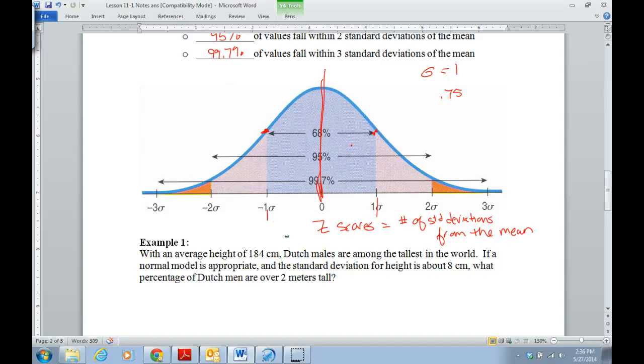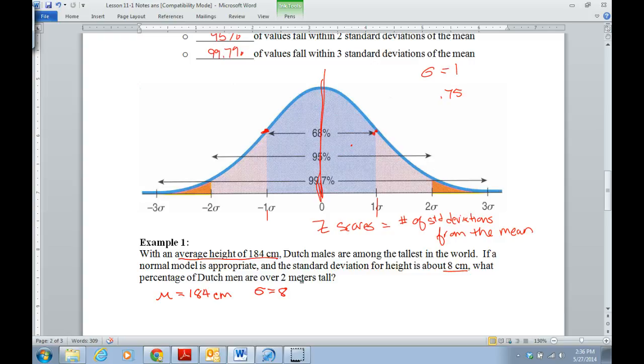Okay, so what we need to do first of all is we know that our mu value is what? 184 centimeters, okay? Average height. Now, we also know that the standard deviation for this is what? 8 centimeters.